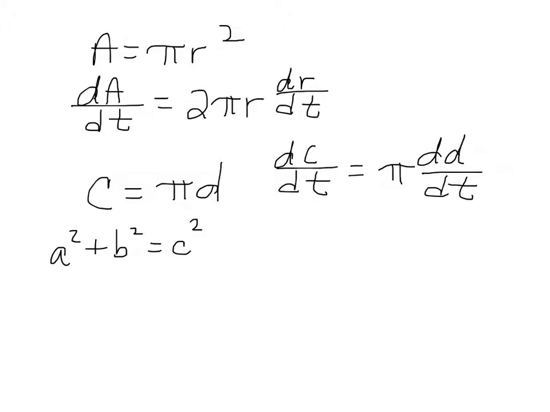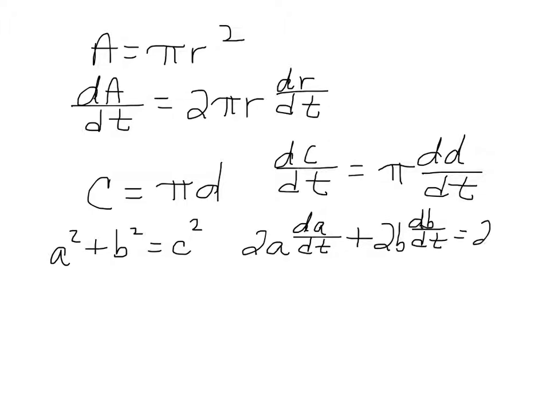If I want to take the derivative of that with respect to t, well, the derivative of a squared is 2a, but I just took the derivative of a with respect to time. And then the derivative of b squared is 2b, with the derivative of b with respect to time. And the derivative of c squared is 2c, with the derivative of c with respect to time.